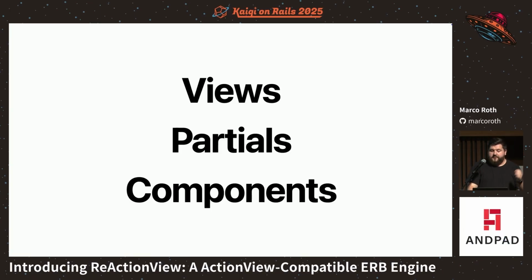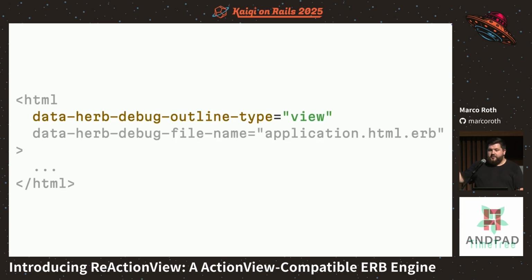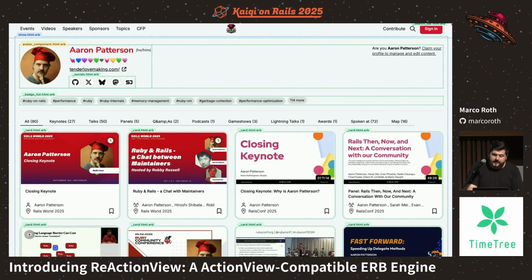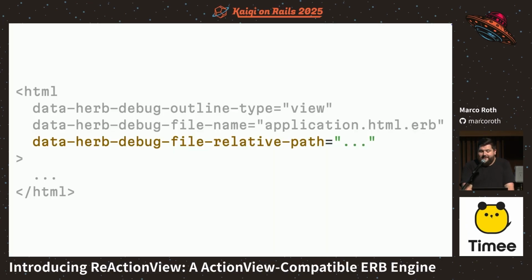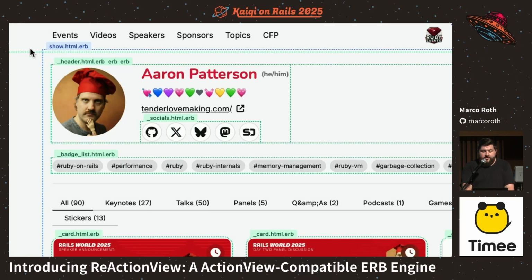We can do this for views, partials, components, have an extra attribute for the type, and then what we have in our browser here is different colors for the different partial types or the view types. We can add a relative path from the project. So when you hover over these labels, it will give you the path in the application.